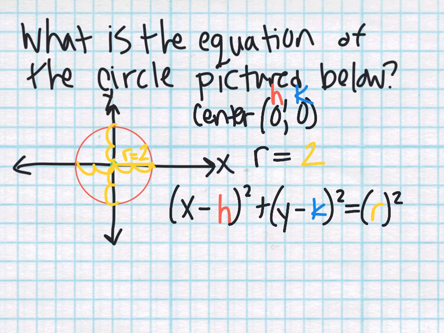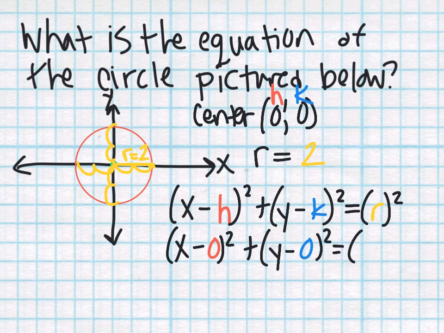So I've got my formula. All I have to do is plug these numbers in. So (x - 0) squared plus (y - 0) squared equals 2 squared.